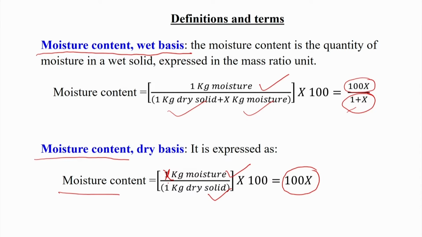That is the total amount of moisture present, which is why it is always 100x. So, it will not change for any type of drying operation.